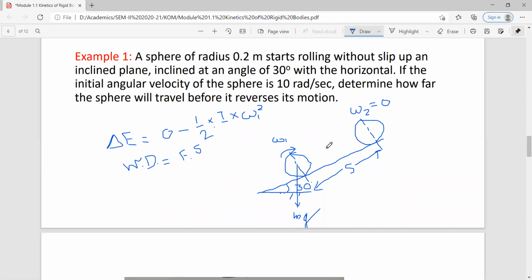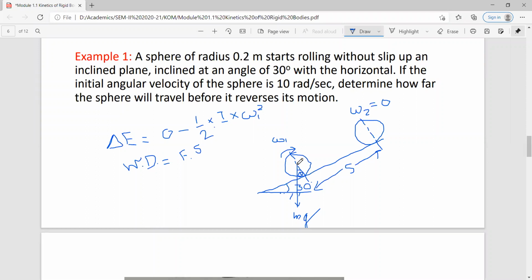Mg sin 30 will act along the plane, correct. So if you see the geometry, this angle 30 will be reflected here. This angle will also be 30. Say this angle is theta.